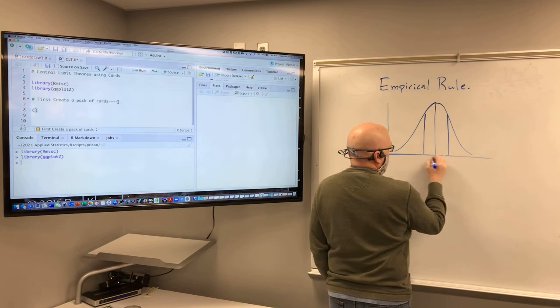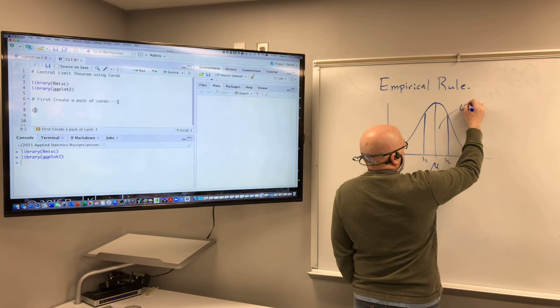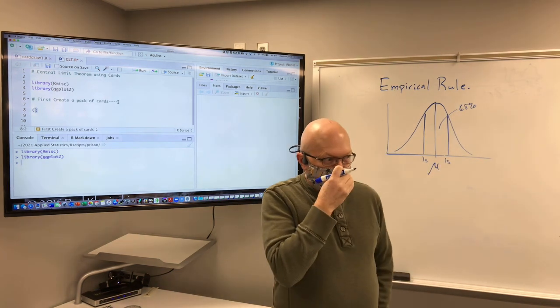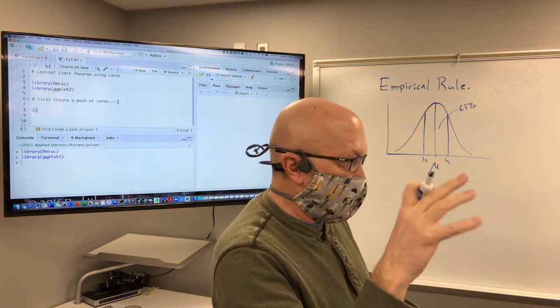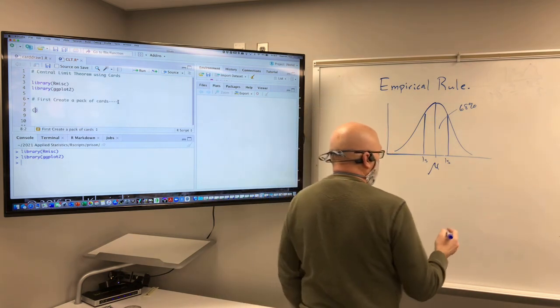What the empirical rule says is that in this distribution, if you go out 1 standard deviation from the mean, approximately 68% of all of the observations in that distribution will fall within plus or minus 1 standard deviation of the mean.